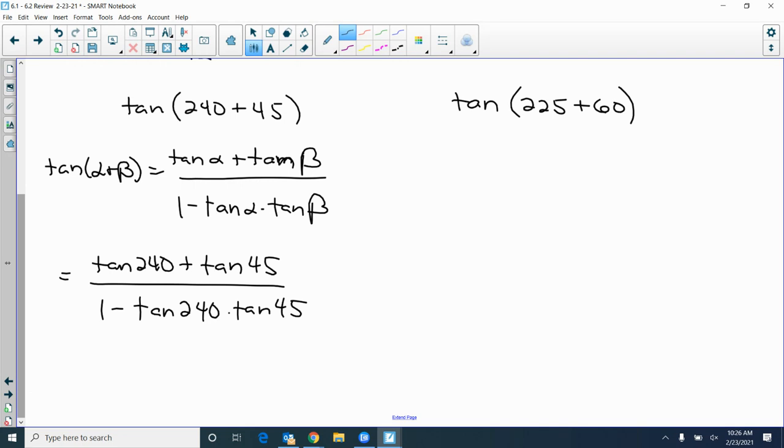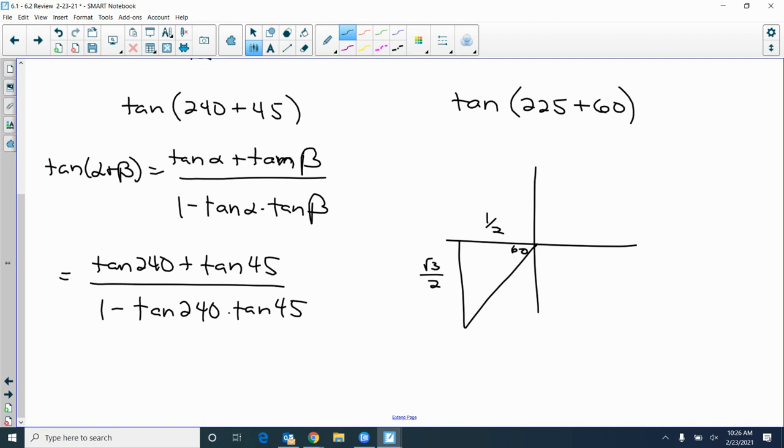Well, 240 is in quadrant 3, so the tangent has to be positive. What is your tangent of 240? I'm just going to put it over here for a second and then erase it. For those viewing at home, 240 would be a 60-degree reference angle. Square root of 3 over 2 would be opposite, 1/2 would be adjacent.